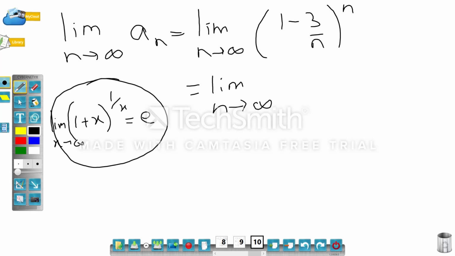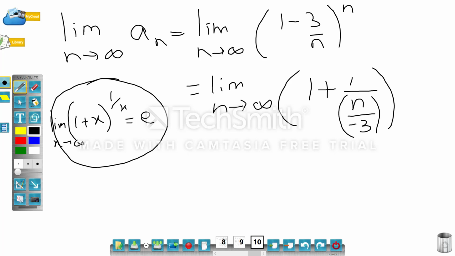Limit n goes to infinity. Now this is the same as 1 plus 1 upon n upon minus 3. Now the numerator n, let me divide it by -3, and if I divide it by -3, then I can multiply by -3.